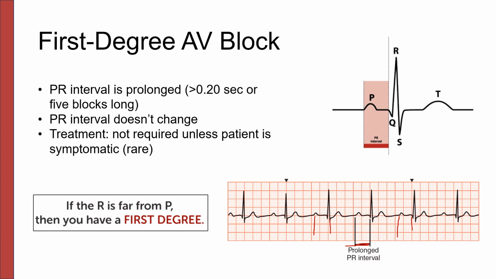Okay, so first degree AV block looks like sinus rhythm, except the PR interval is prolonged, so longer than 0.2 seconds, but they're uniform. Each PR interval that you see is going to be exactly the same. Treatment, you don't have to do anything because the patient's probably not going to be symptomatic. And something to remember: if the R is far from P, then you have first degree.